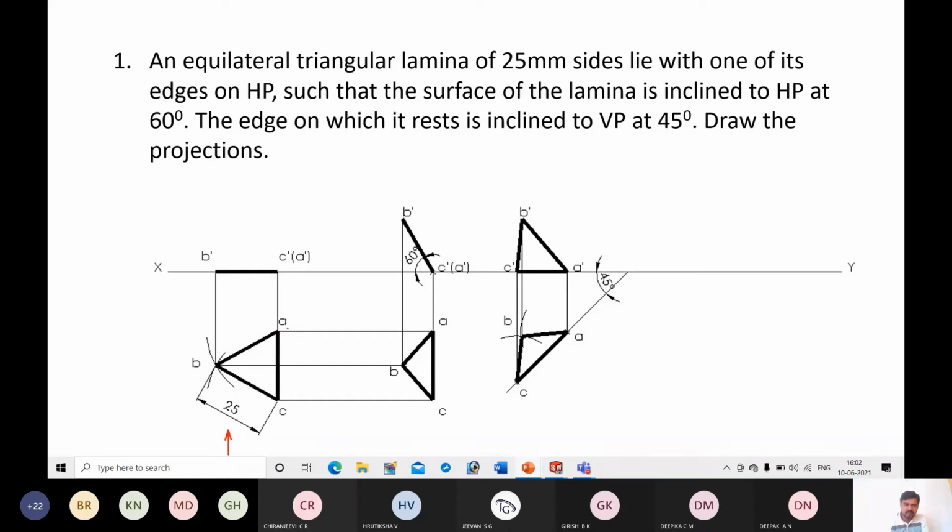A is farther from the observer, it will become invisible, and an invisible point will be represented inside the brackets. Here D is the single point, it will become visible. For top view, this is the position of the observer. For front view, this is the position of the observer.